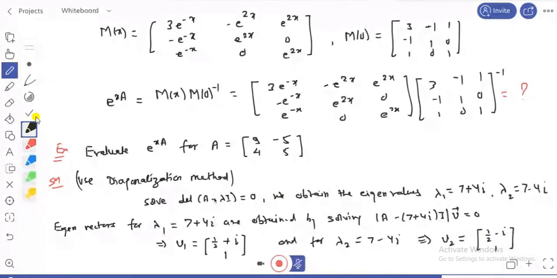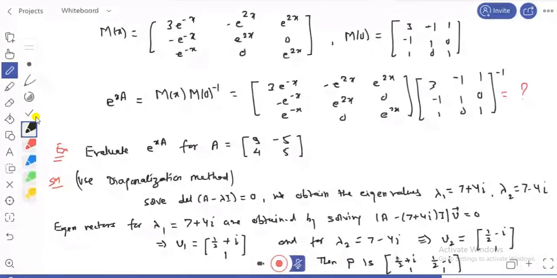I know that you are already experts in how to find eigenvalues and eigenvectors. So what is the matrix P? This matrix P is constructed by these eigenvectors, v1 and v2. So this is half plus i and 1, and the second one is half minus i and 1.